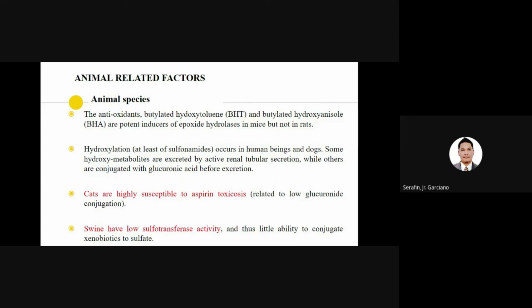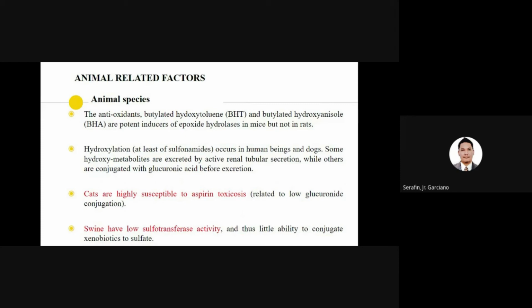In general, rats have low epoxide hydrolase activity relative to mice and rabbits. Also, hydroxylation of sulfonamides occurs in human beings and dogs. Some hydroxy metabolites are excreted by active renal tubular secretion, while others are conjugated with glucuronic acid before excretion.